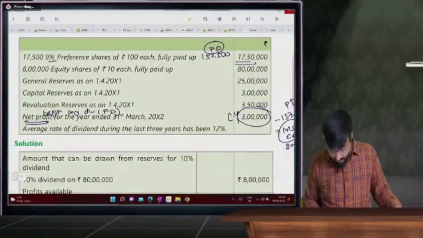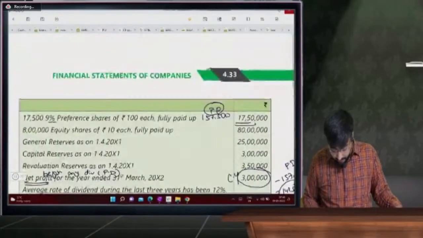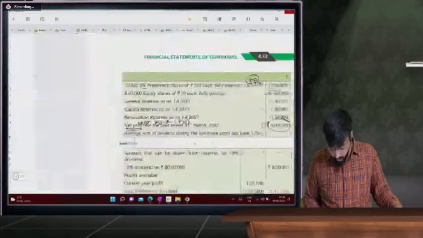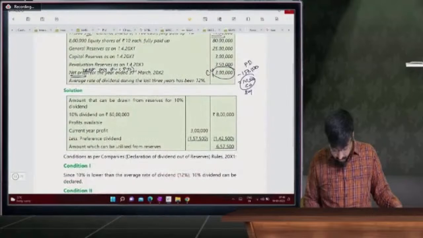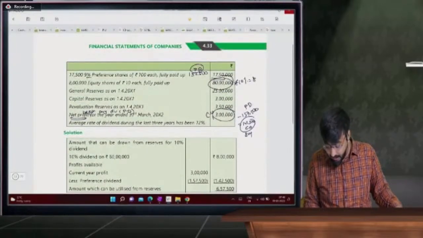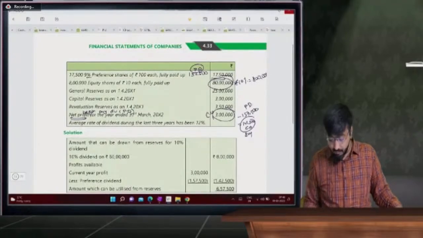And what is the dividend that you want to declare? The company wants to declare dividend of 10%. Now what is the share capital? Share capital is 80 lakhs. On this you want to declare dividend, 10% means 8 lakhs.